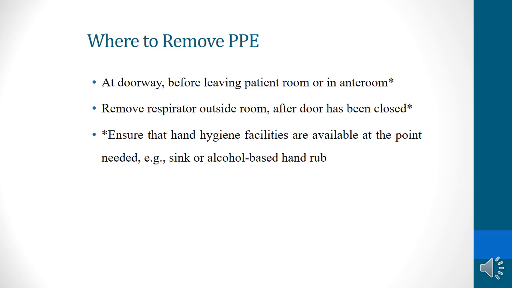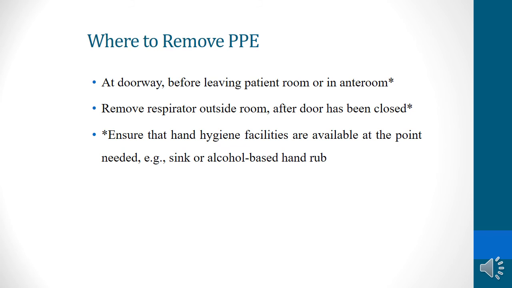Where can we remove the PPE? Now we finish our procedure and I want to remove my PPE. I have to remove the PPE before leaving the patient room, so inside the room I will remove the PPE. Remove the respirator outside the room.